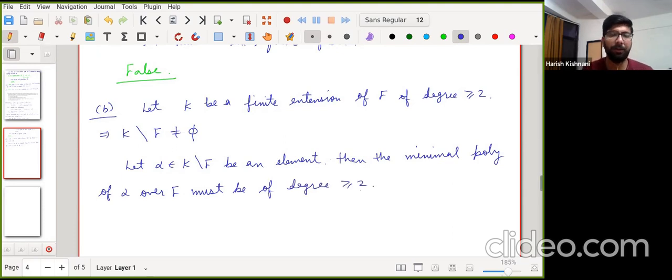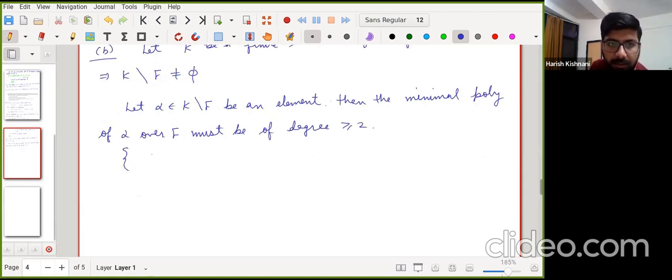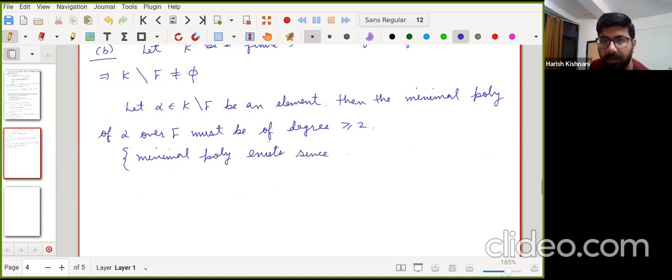And why does this minimal polynomial exist? That's also one question to ask. So the minimal polynomial exists since each finite extension is an algebraic extension.